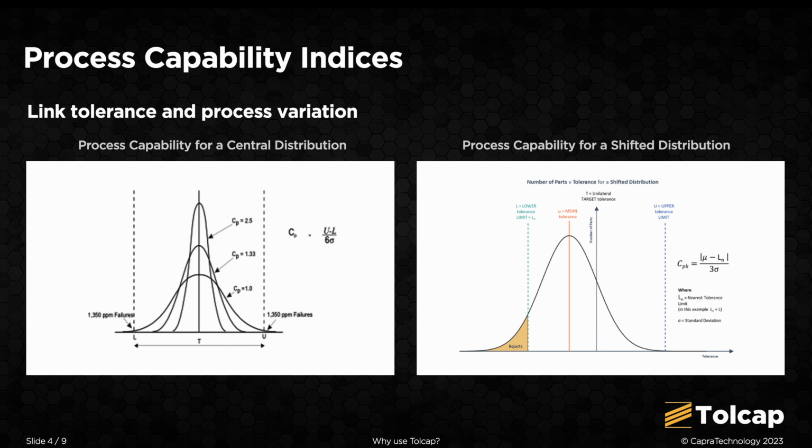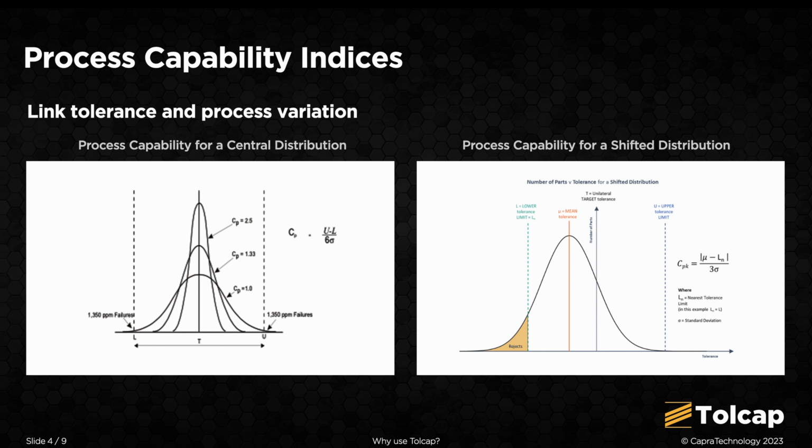Process capability is measured as a ratio relating the specified tolerance for a dimension to the standard deviation or sigma of the manufactured parts. The usual measures are CP and CPK. CP is calculated as the upper tolerance limit minus the lower tolerance limit divided by 6 sigma.